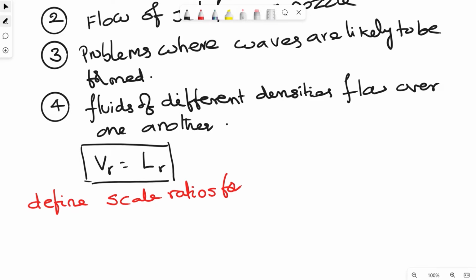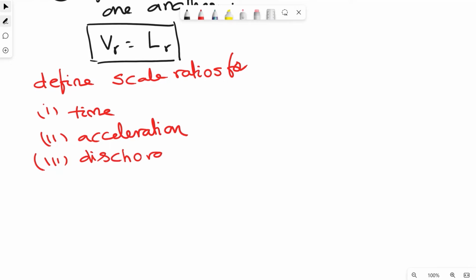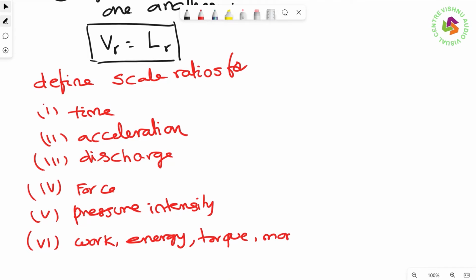for number one, time; number two, acceleration; number three, discharge; number four, force; number five, pressure intensity; number six, work, energy, torque, moment; last, seven, power.